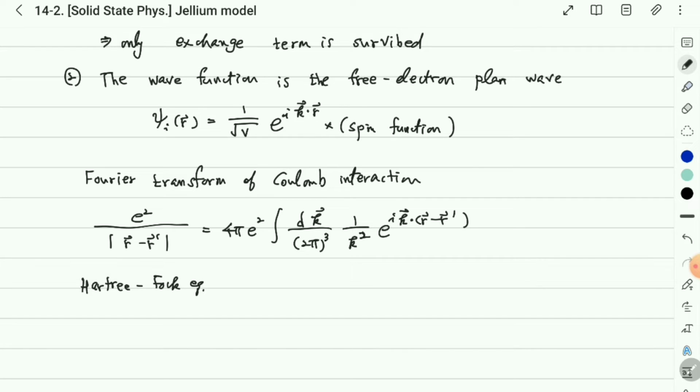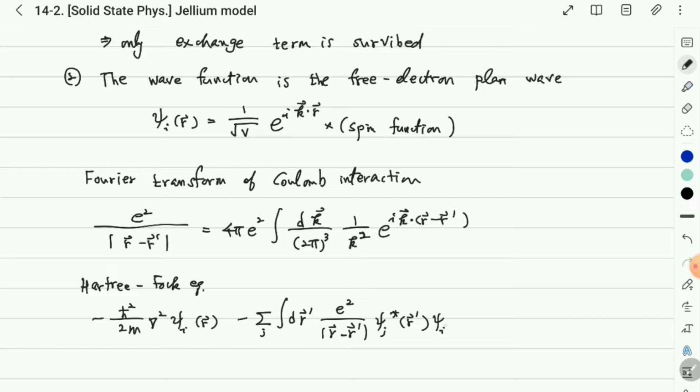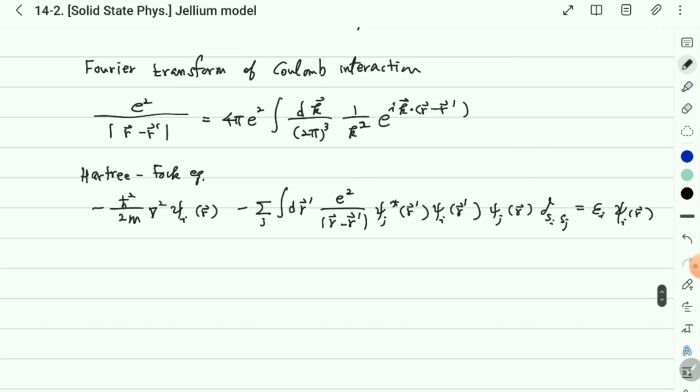We only consider the exchange interaction and the kinetic energy: minus h bar squared over 2m Laplacian psi_i(r), minus the summation over j of the integral dr prime of e squared over |r minus r prime| times psi_j star(r prime) psi_i(r prime) psi_j(r), with the Kronecker delta of spins s_i and s_j, equal to epsilon_i psi_i(r). This is the Jellium model of the Hartree-Fock equation.